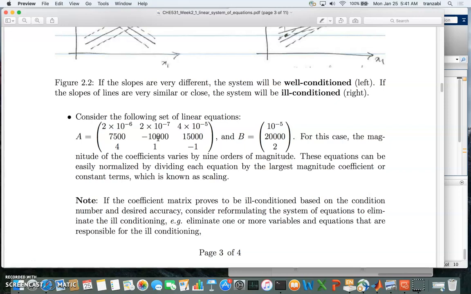So one way to fix the ill conditioning problem is, if something is very close to 0, just set it exactly equal to 0. So we're going to go ahead and set these equal to 0. In that case, for this matrix, we can easily see that the matrix is ill posed or ill conditioned, because once we put all the small elements to 0, we get a row with all zeros.